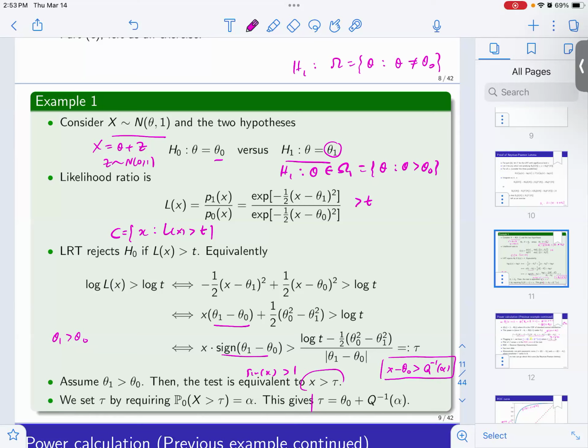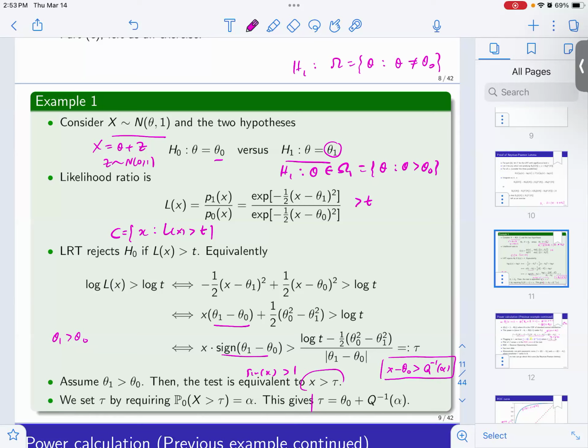There are two different tests that are most powerful for different parts of the parameter space, so they can't be reconciled. I can't have a test which rejects both below a threshold and above a threshold at the same time. So this proves that there is no uniformly most powerful test for this.